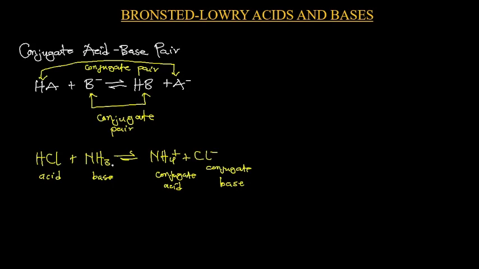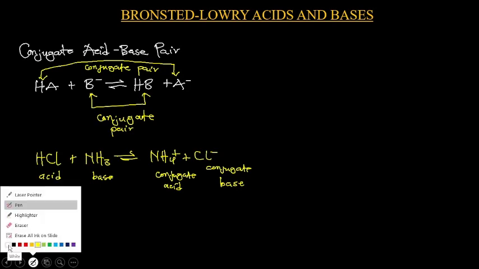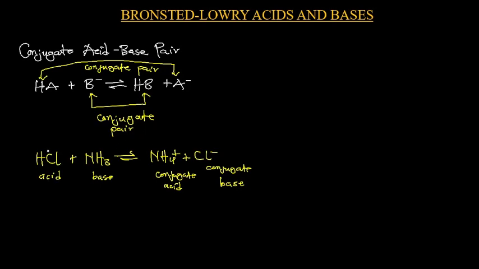So when we take the pair HCl and Cl minus, HCl slash Cl minus, this constitutes a conjugate pair. This is our acid, and this is a conjugate base.